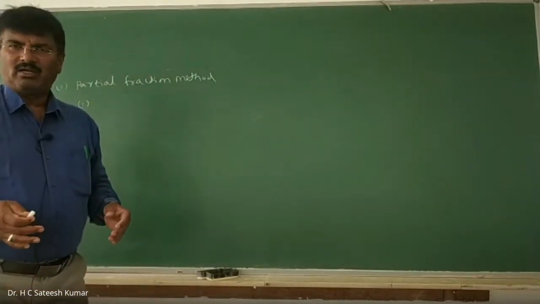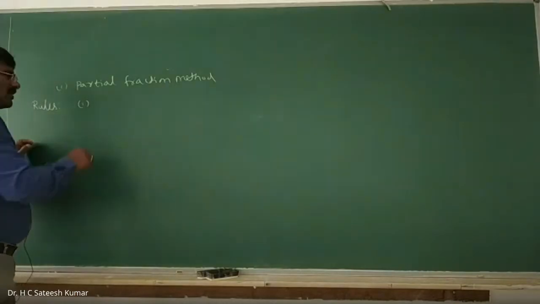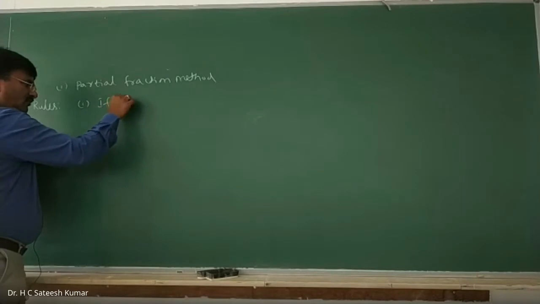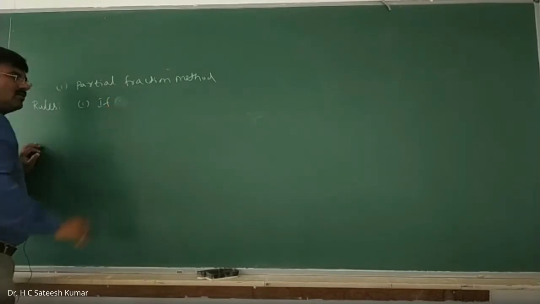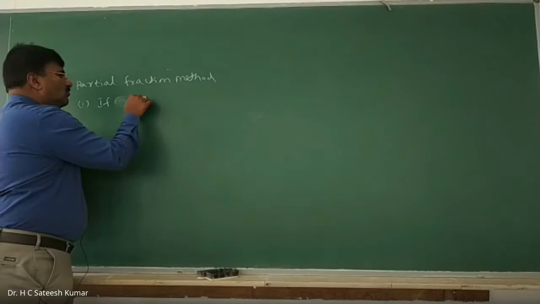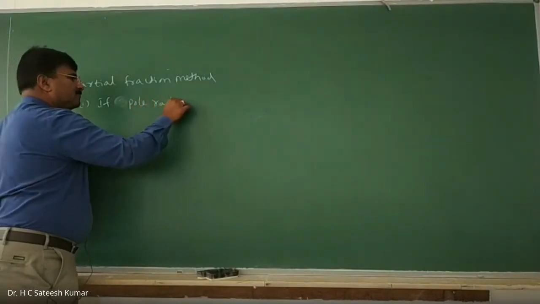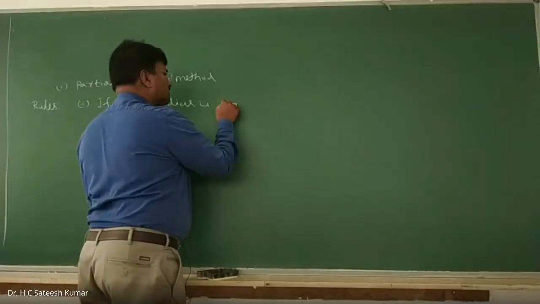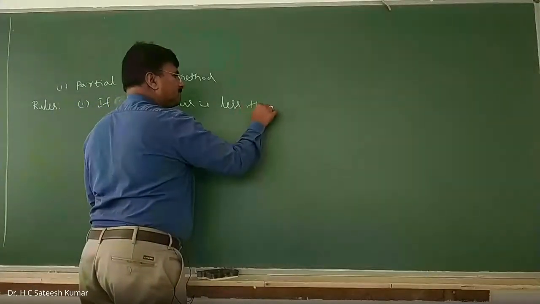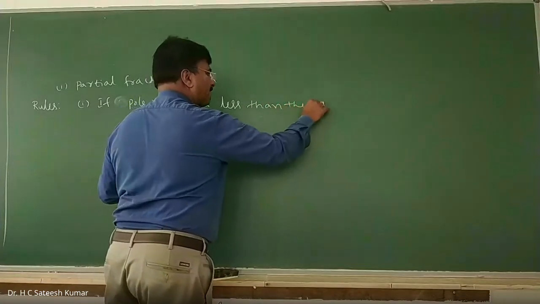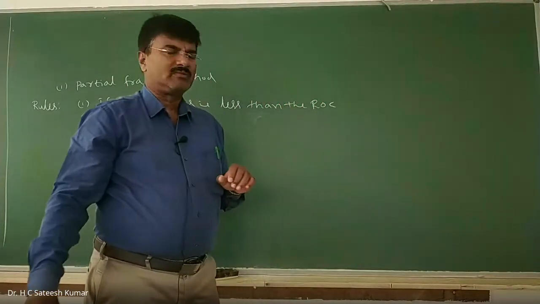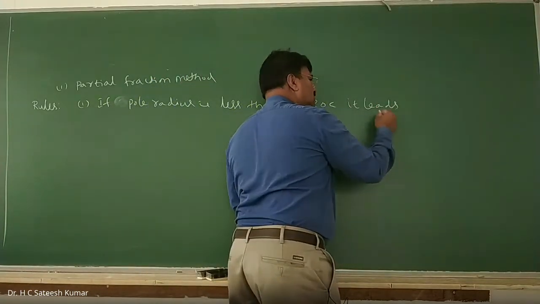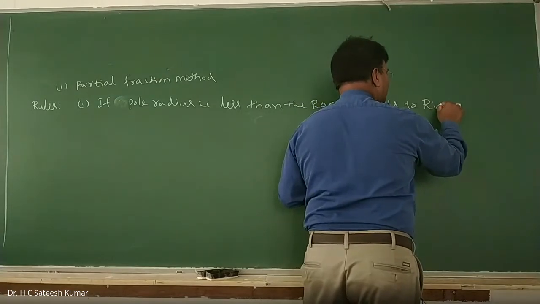On the other hand, if the pole radius is less than the ROC, it leads to a right-handed sequence.